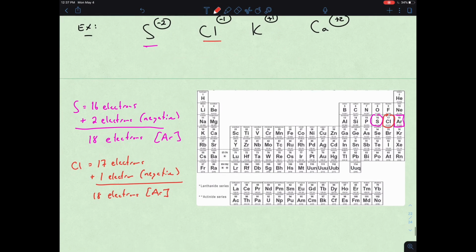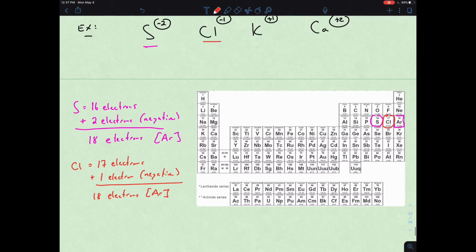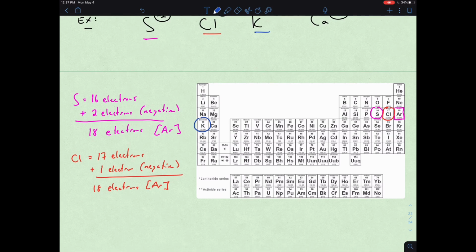And we find the same works for the other ones as well, as far as maybe looking at our potassium +1. It's losing electrons now. So we have our potassium with its 19 electrons, now -1 because it's positive.